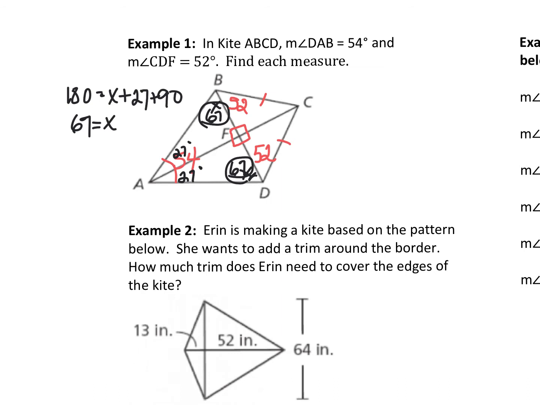And so now I just need to figure out what this angle is here, and so I have another triangle that we'll call this Y. So I have 180 equals 52 plus 90 plus Y. And so when I combine like terms, I end up that Y is equal to 38.